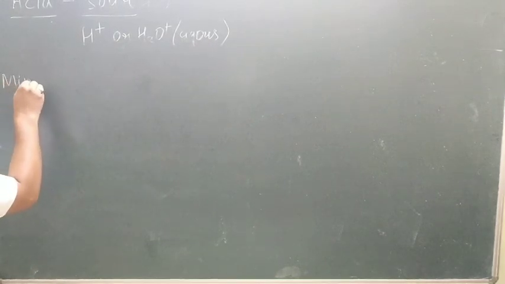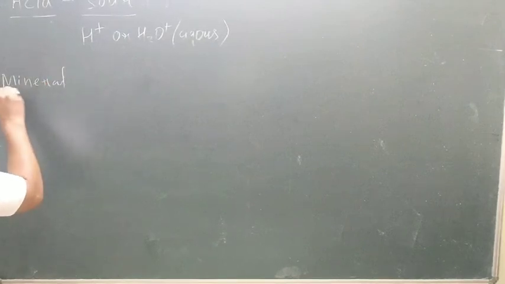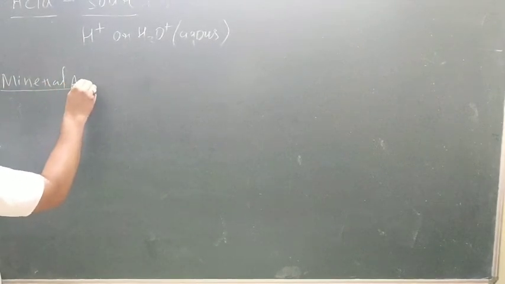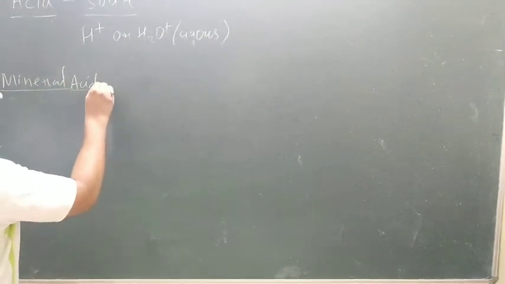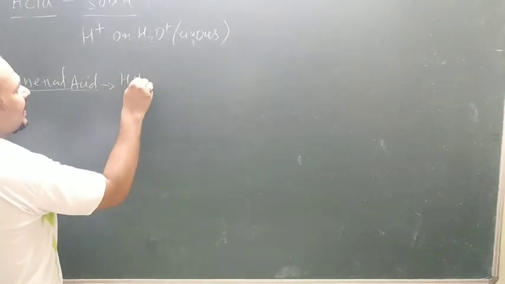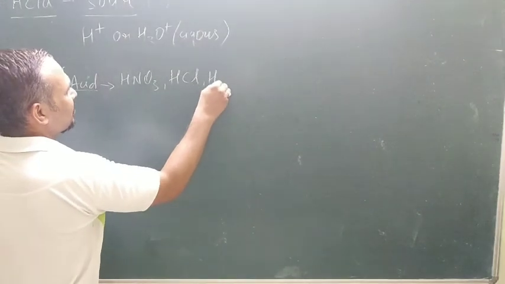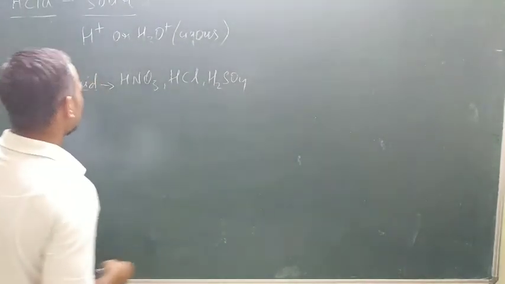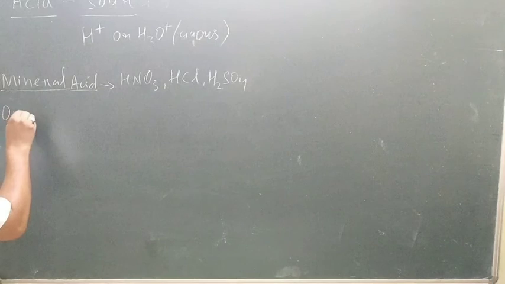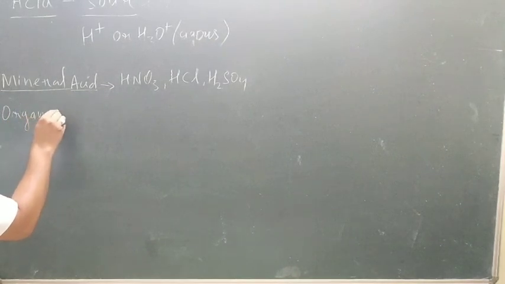The first one is mineral acid, which you have seen in the laboratory, like nitric acid, hydrochloric acid, sulfuric acid, etc. Another one is organic acid.